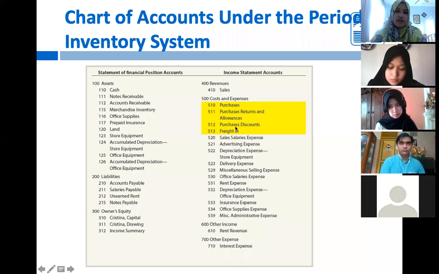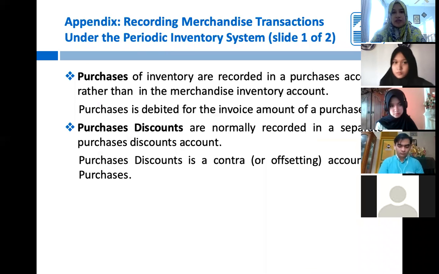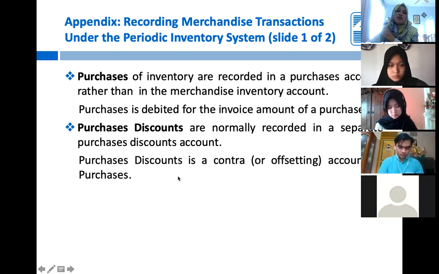Okay, here we would have different accounts when we do the purchases. Whenever the company buys merchandise, it would debit the purchases account. The purchase discount is recorded in a separate purchase discount account, and it is a contra account to purchases. If purchases is debit, right, then purchase discount is the opposite.